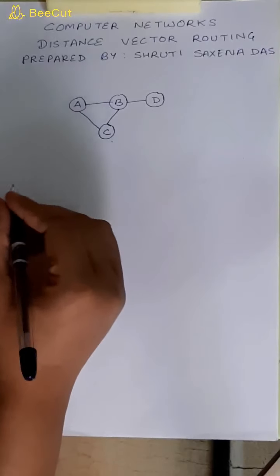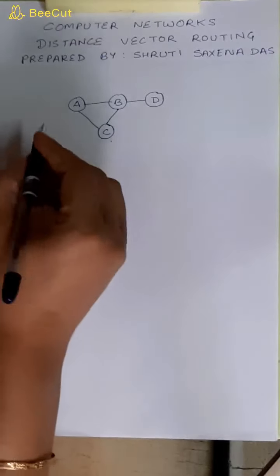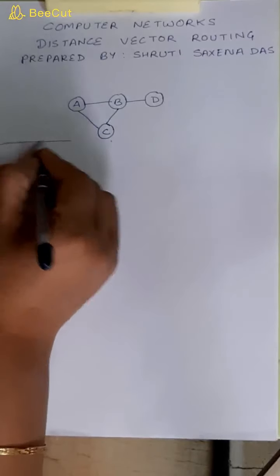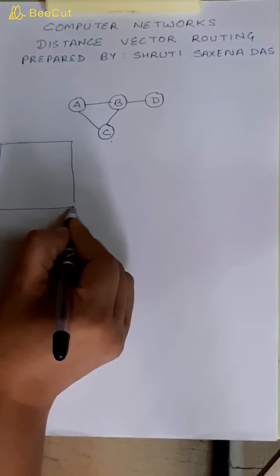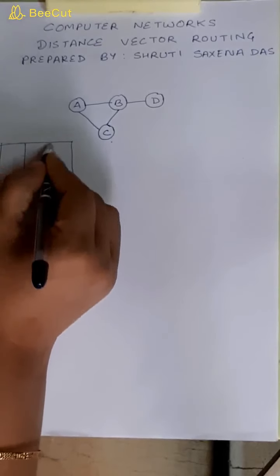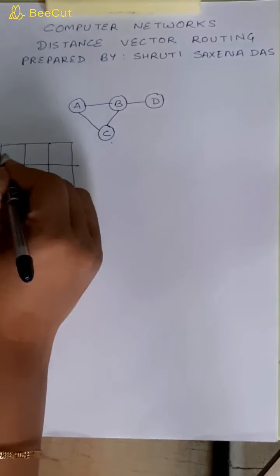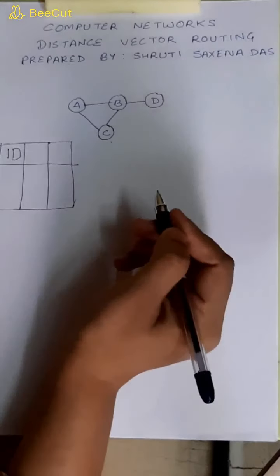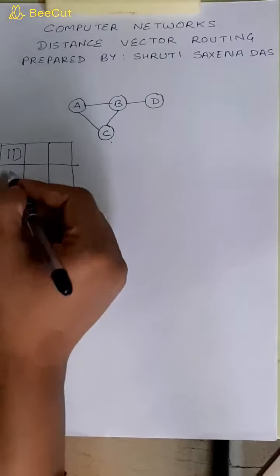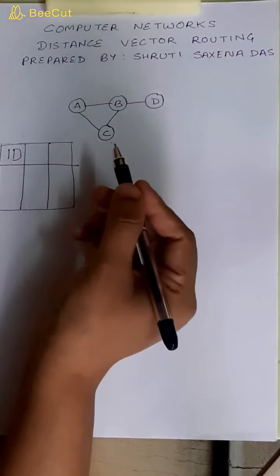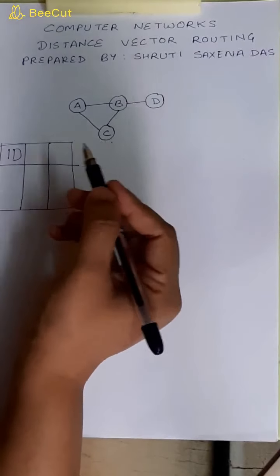So we'll start with the vector table. Each vector table will have three entries. The first entry is ID. What do we mean by ID? ID means the ID of a router or destination to which a packet is to be sent.